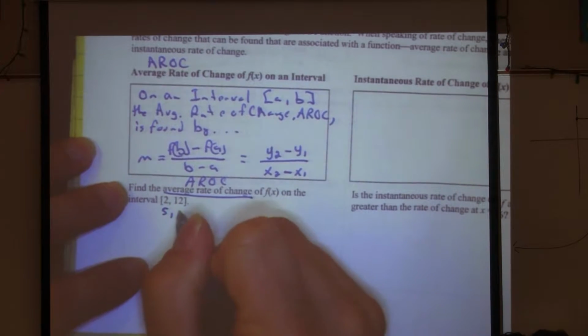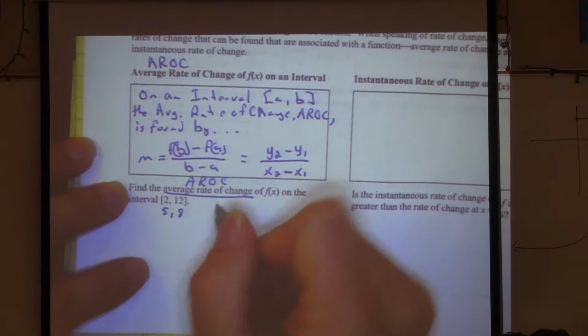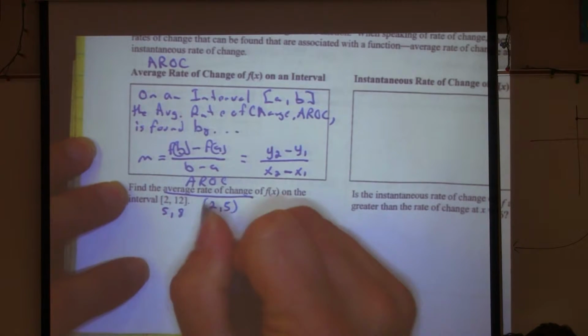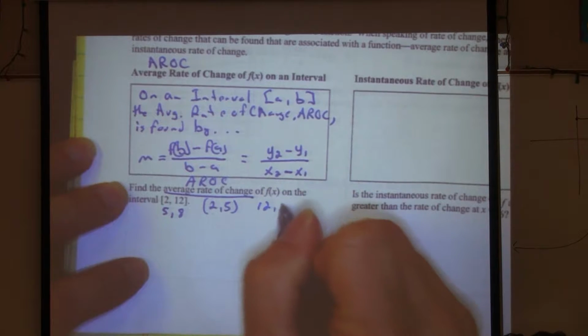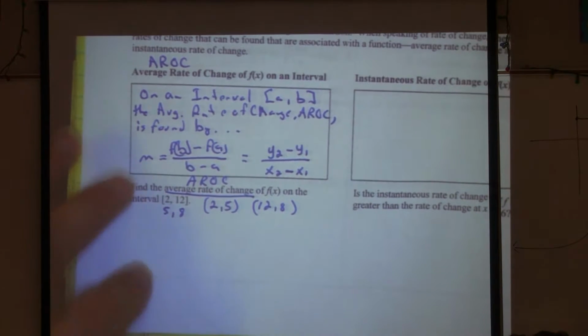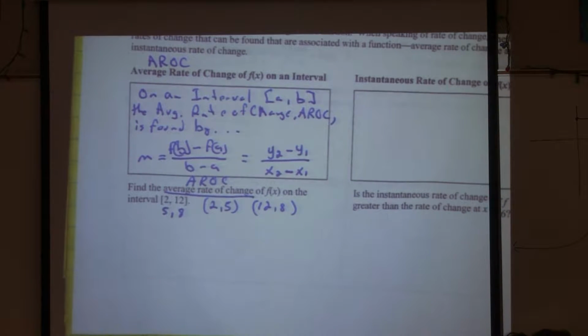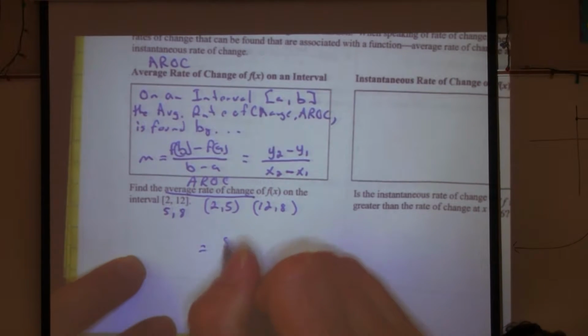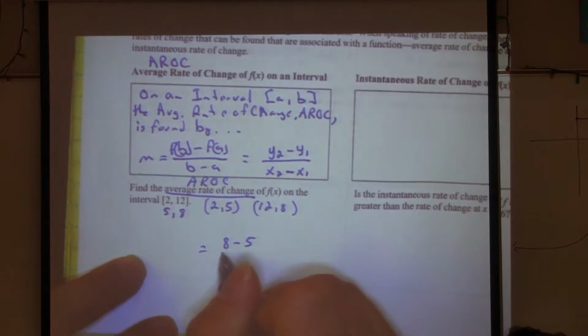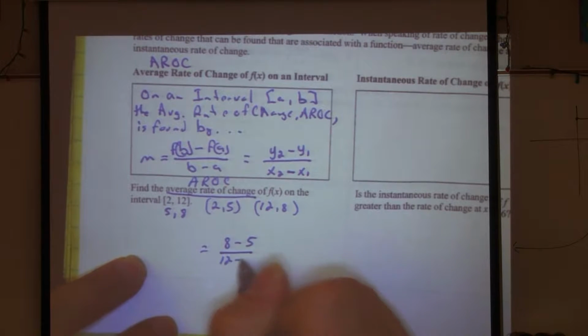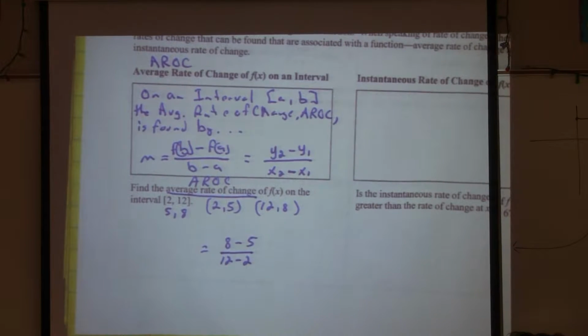5 and 8. So my points would be (2, 5) and (12, 8). If I wanted to find the slope, what would I do? 8 minus 5 over 12 minus 2, right?